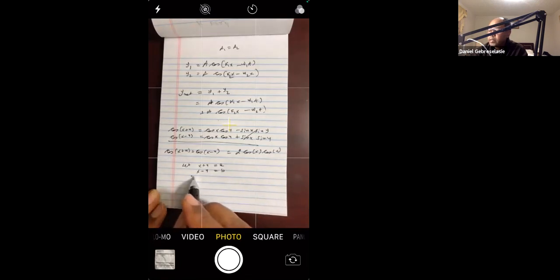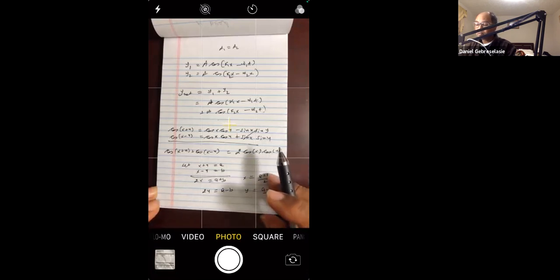So what do I get? 2x equals a plus b, or x equals a plus b over 2. How about if I subtract them? I get 2y equals a minus b, and then y equals a minus b over 2.